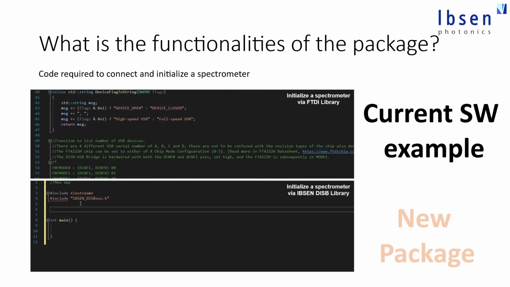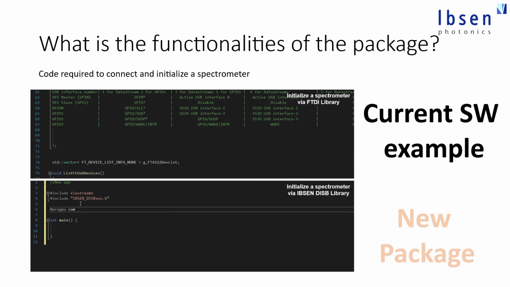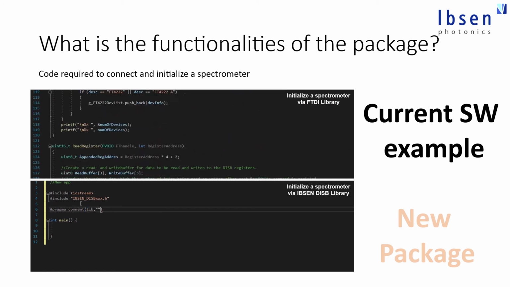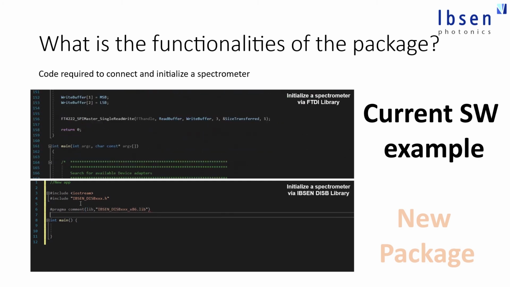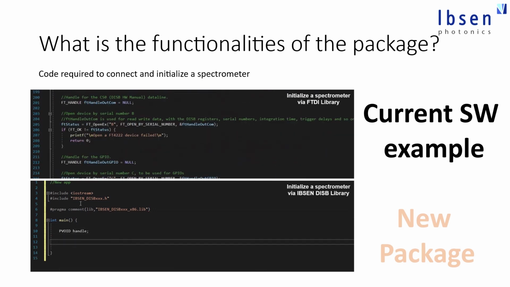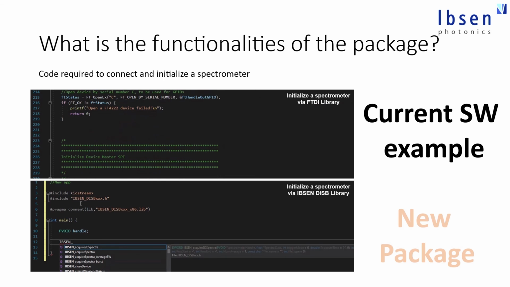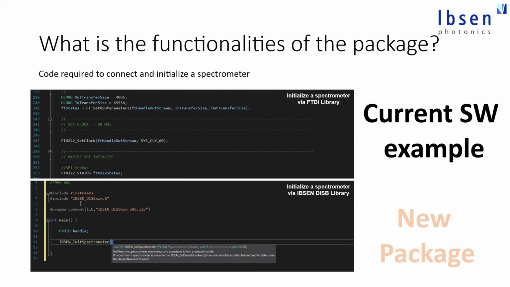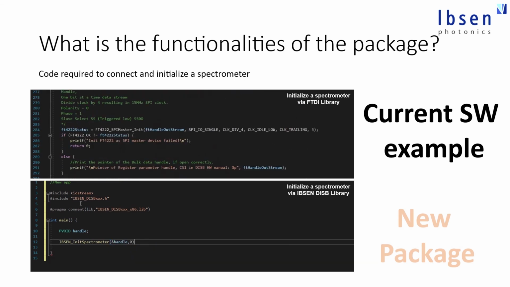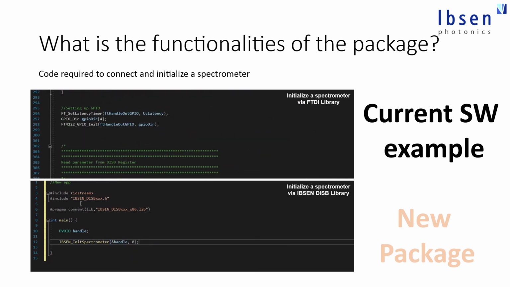What you'll see at the top is all the code being scrolled through, and at the bottom we're just first linking the library we will be using, then setting up a simple handle for the spectrometer to use, and then calling the Ibsen init spectrometer function with the same handle. That's basically all there is to it for the program to have found the spectrometer, and you are able to use the spectrometer from there on.